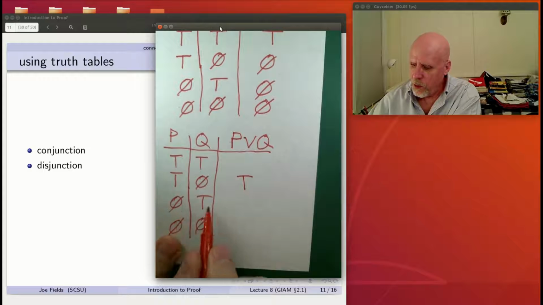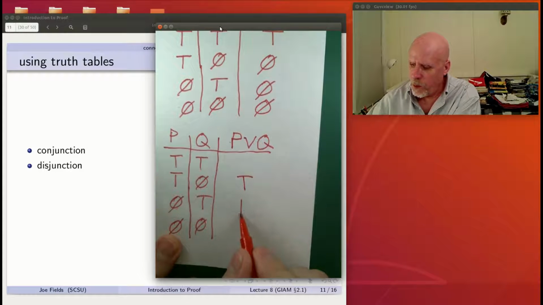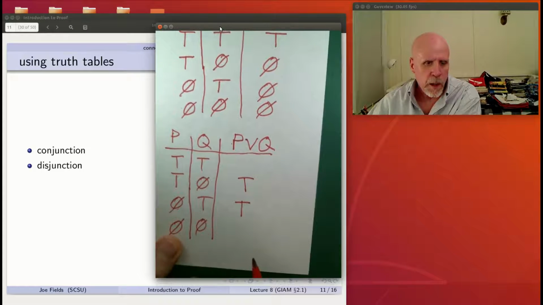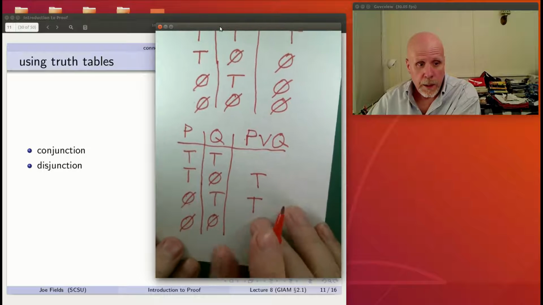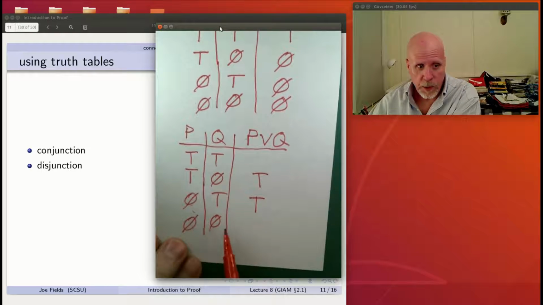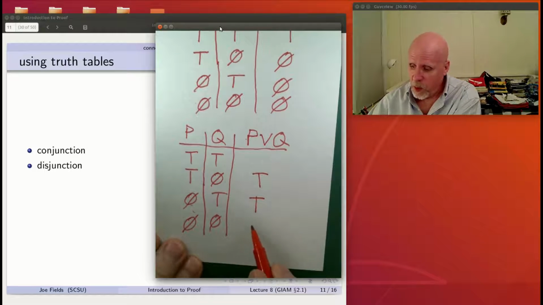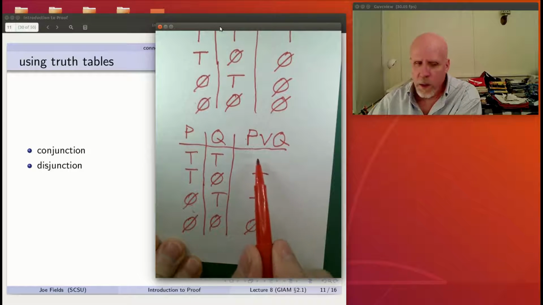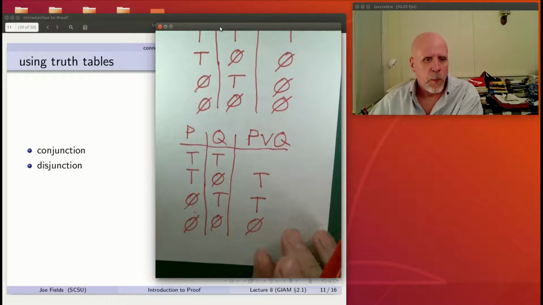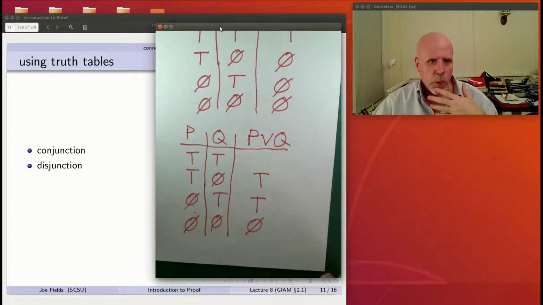And when it's false true, the vice versa rule, we definitely think of it as true. And in the bottom row there, where P is false and Q is false, the or is definitely false. Everybody likes that. The one that's contentious is the top row. What do you do with an or sentence when P is true and Q is true?